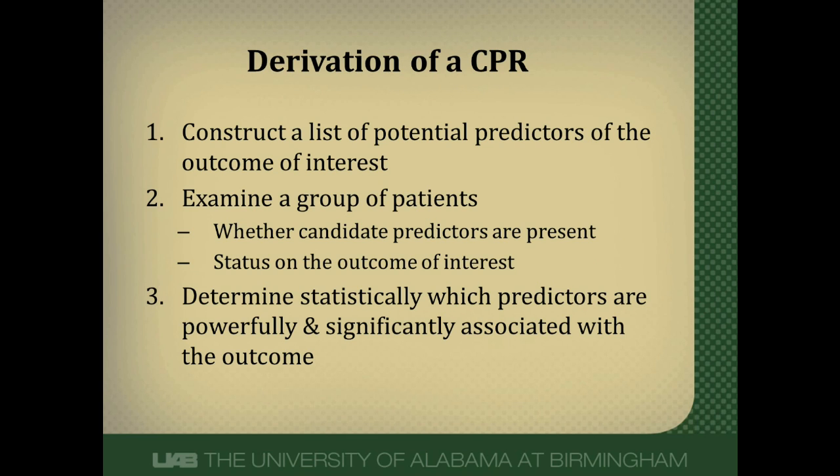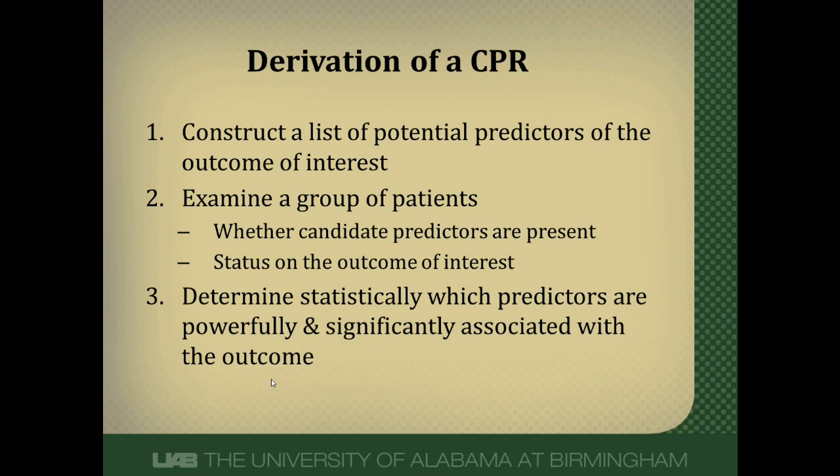So how do we derive a clinical prediction rule? Well, you come up clinically with a list of potential predictors that you think are associated with the outcome of interest. Then you examine a group of patients and see if the predictors are present or not in that person. And then you see what was done with testing to see if that outcome developed.